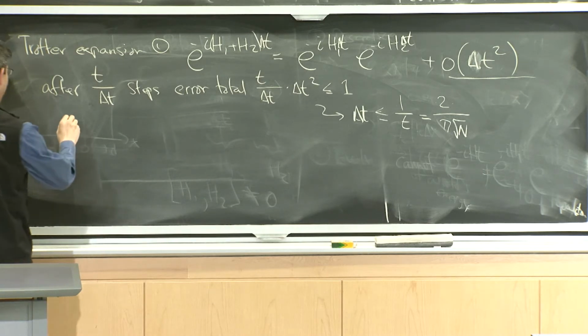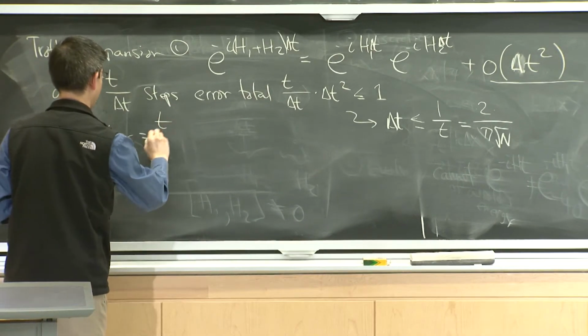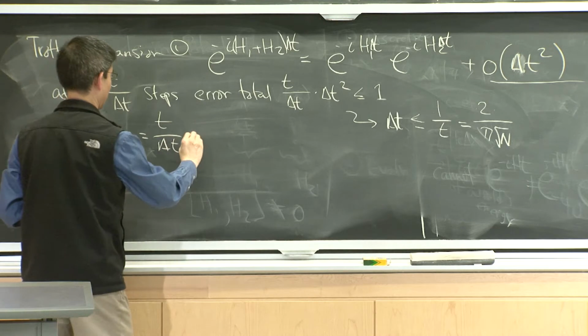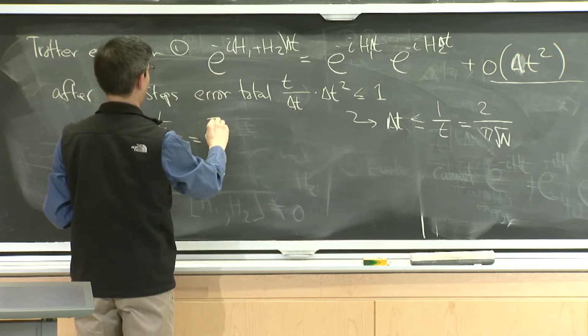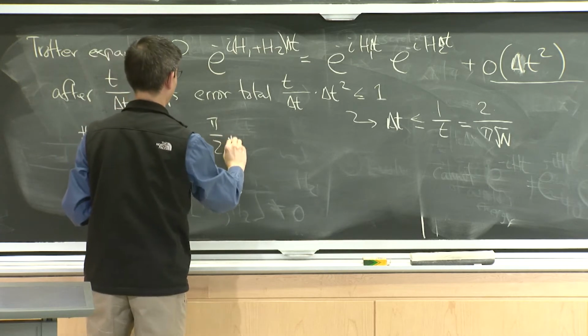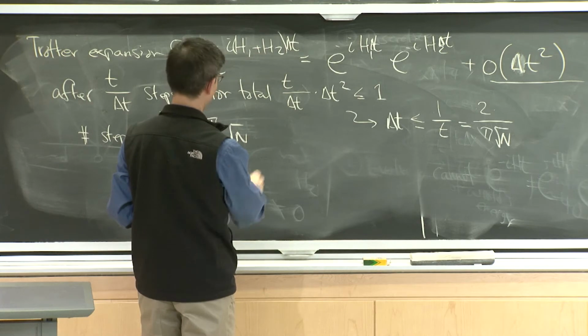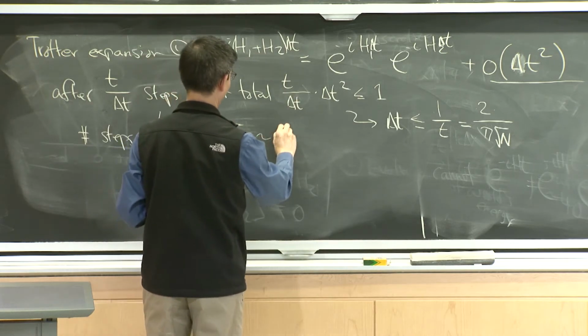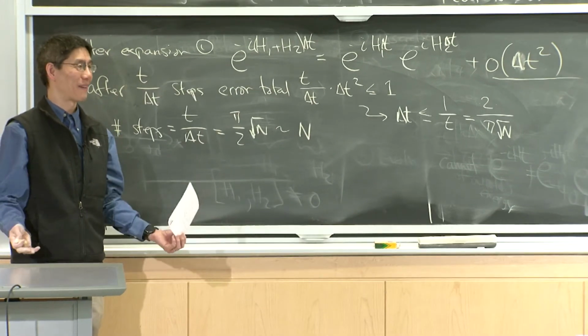But then the number of steps is t divided by delta t. And this is pi over 2 square root of n divided by this, which is just t squared, which is going to give you n. That's no good. Now the number of steps is n.